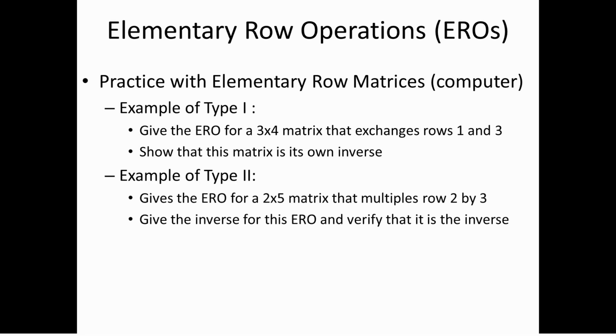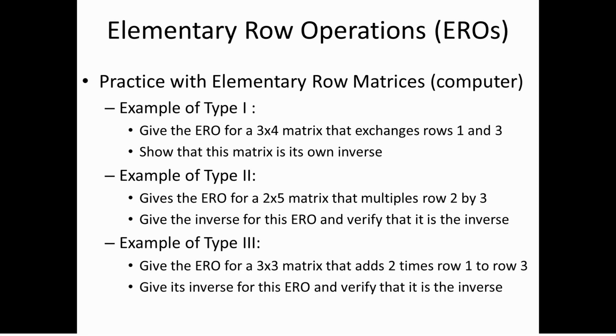For the type 2, go ahead and construct an elementary row matrix that will take a 2 by 5 matrix and multiply row 2 by 3. And construct the inverse for this elementary row matrix and then verify that in fact it is the inverse. And last, for the type 3, let's construct a matrix for an elementary row operation that will operate on a 3 by 3 matrix and add twice row 1 to row 3. And similarly construct the inverse and verify that in fact it is the inverse.